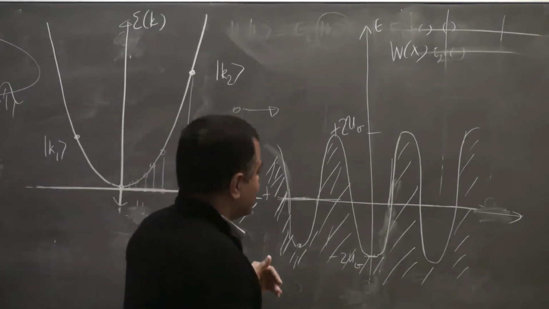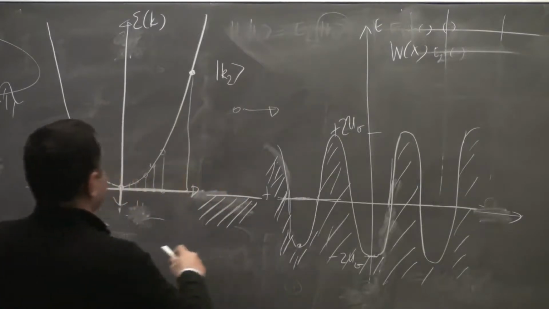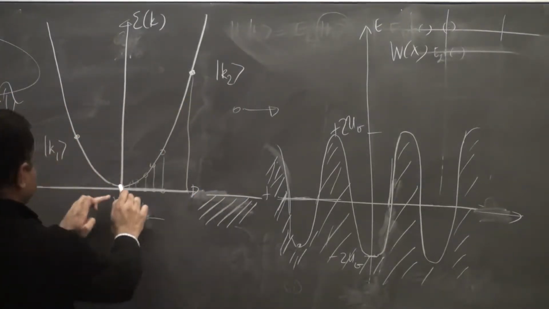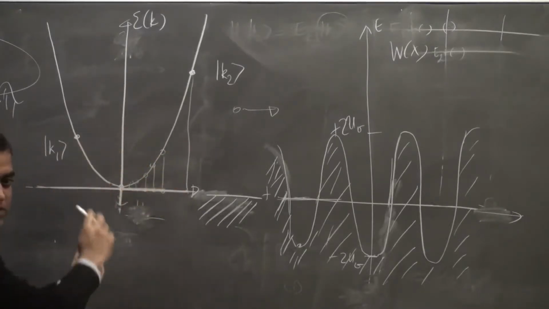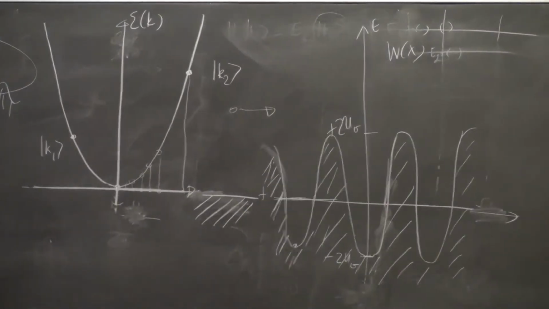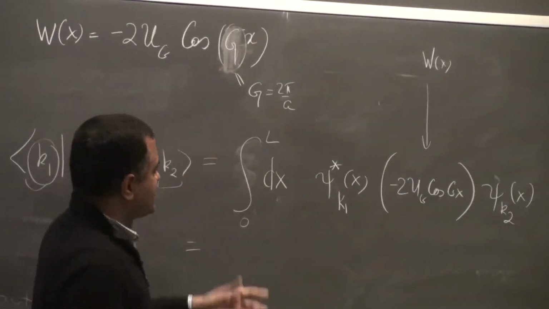Because of this potential, the band structure will change. This state will move down, and some states will move up. It'll create all these perturbations. So let's find this term.